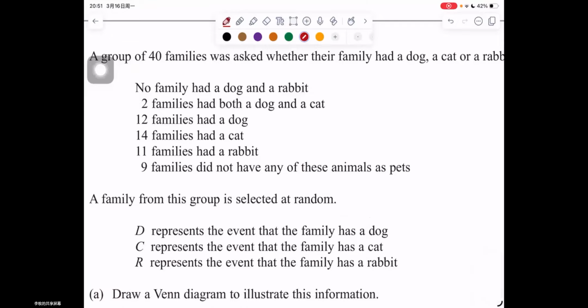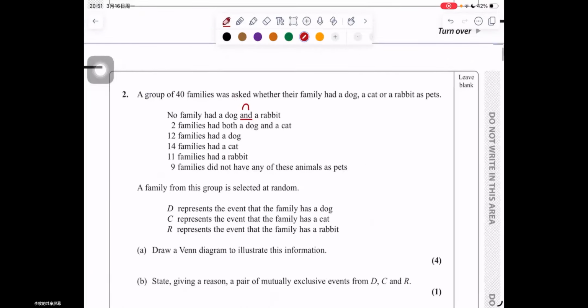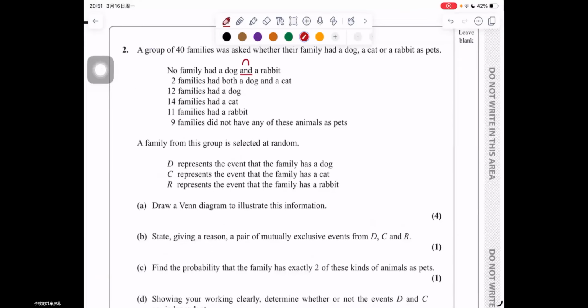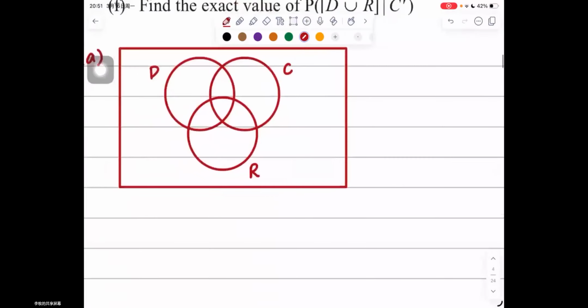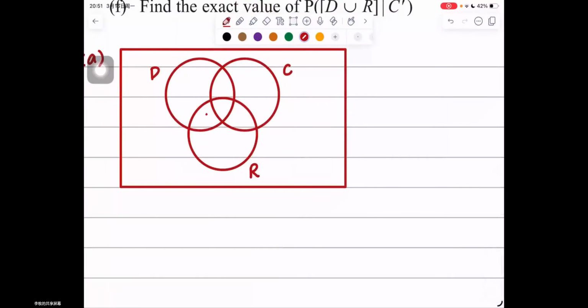We've learned from sets that if there's the word "and", it means the intersection of something, and it's usually represented by this symbol. So this means that the intersection between the sets dog and rabbit is 0. So it's here.